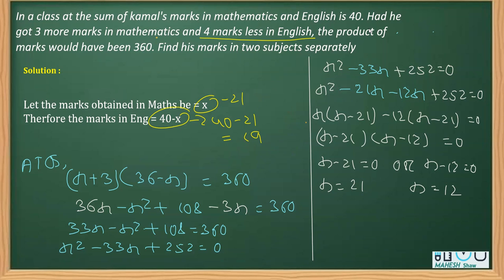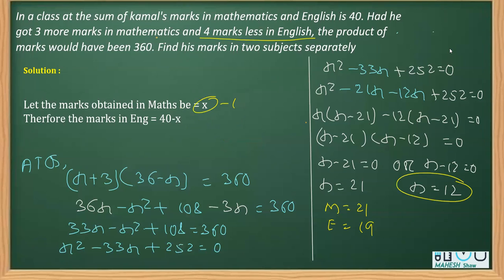So replacing x, which is her marks in mathematics, with 21, then marks in English is 40 minus 21, that is 19. Similarly, if I replace x as 12, that is marks in mathematics, then English will be 40 minus 12, that is coming 28. So if I take marks in maths as 12, then English will be 28.